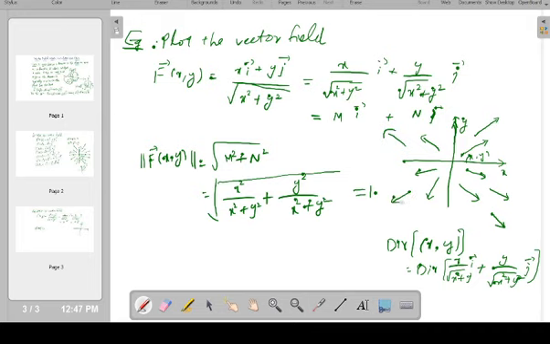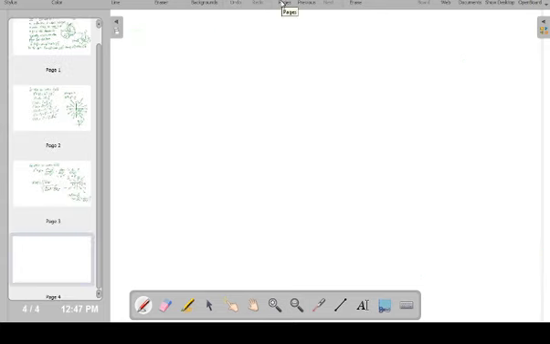We will plot another example of a vector field. Plot f of x comma y is equal to 1 into i plus 1 into j.